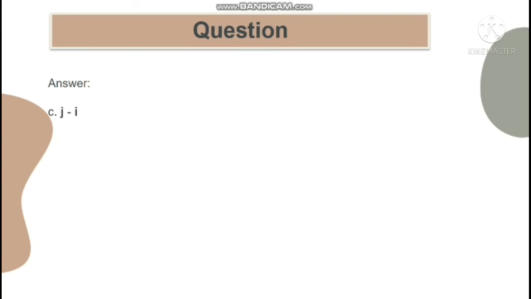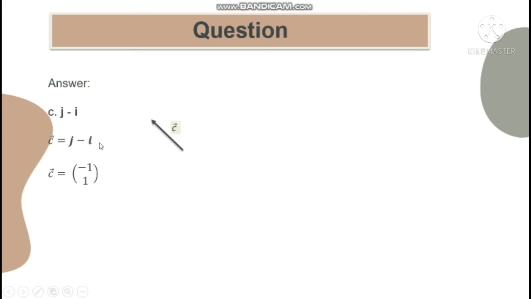We can answer C, j minus i. j minus i is a component of vector C. Vector C equals, this is a column vector, (minus 1, 1). j minus i is the same as minus i plus j.